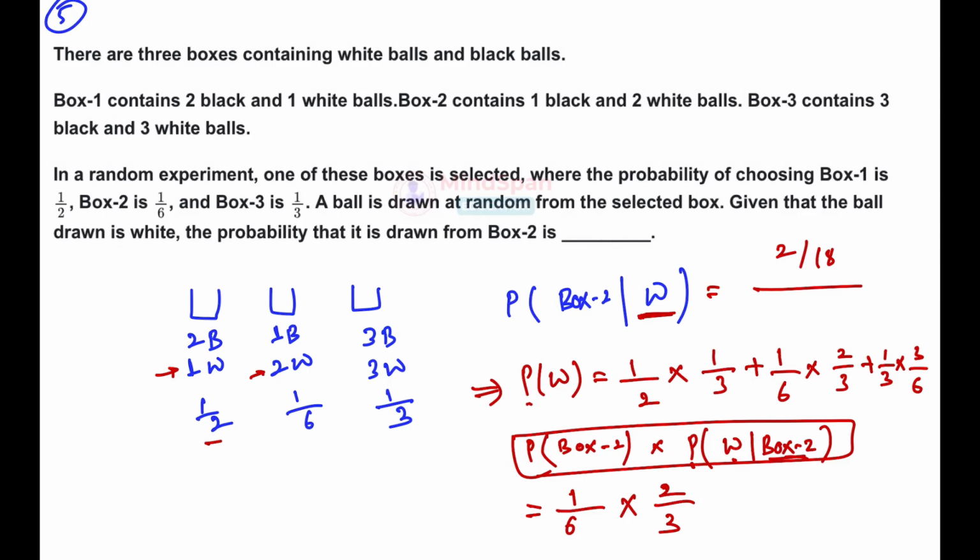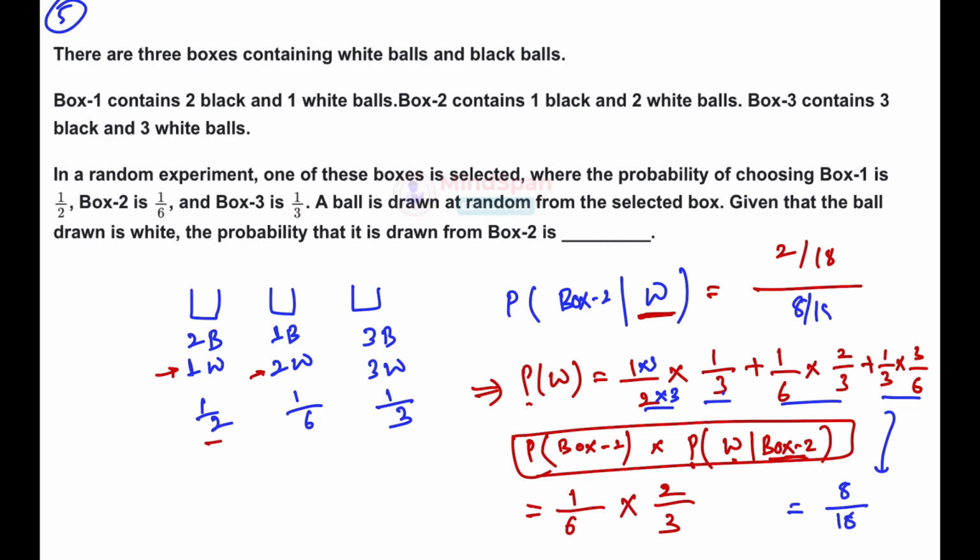Let me do one thing. So here 18, this is 18, so we can make this one 18. So 3 times 2, let's make 18 by multiplying by 3. So now we will have here 18. So overall this will be 3 plus 2, 5 plus 3, 8 divided by 18.